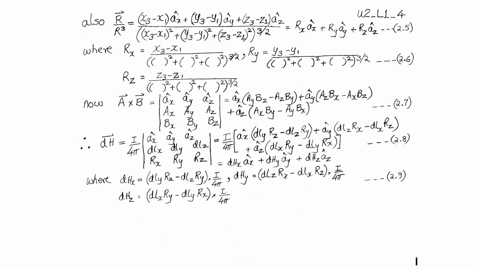Now coming back to the Biot-Savart law, we have earlier calculated what I dl is. We now have to calculate what is r vector divided by r cubed.